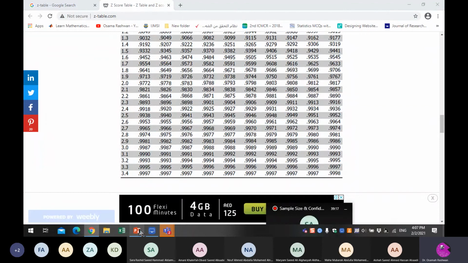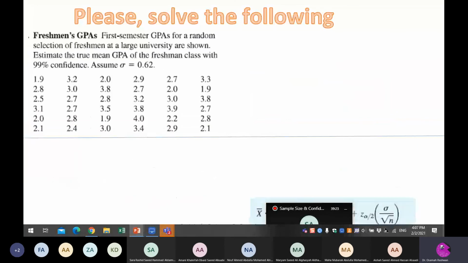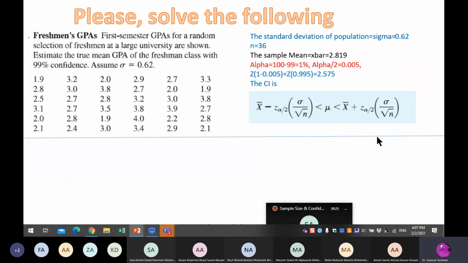Yes, I got it. Okay, that's good. So yes, it is 2.575. Now I have everything to substitute in my formula. This is the estimation of my population mean. It will lie between this value and that value.